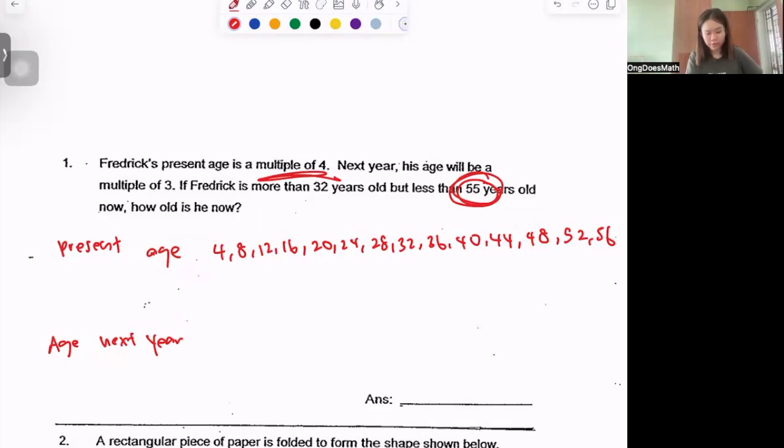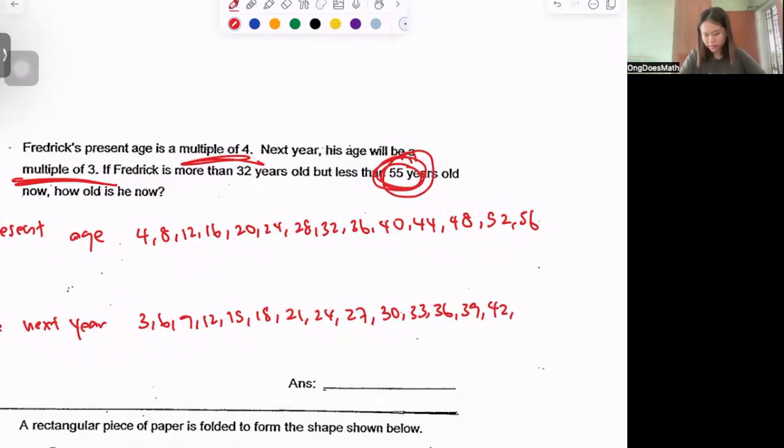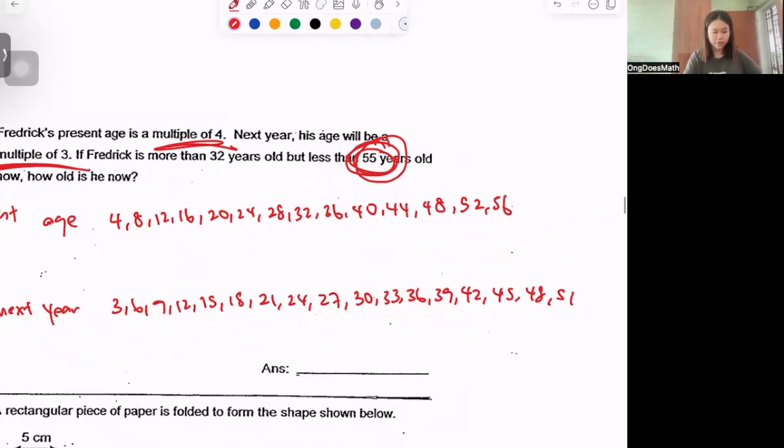They told you that it will be a multiple of 3. So same thing, list all the way until 55. So 3, 6, 9, 12, 15, 18, 21, 24, 27, 30, 33, 36, 39, 42, 45, 48, 51.